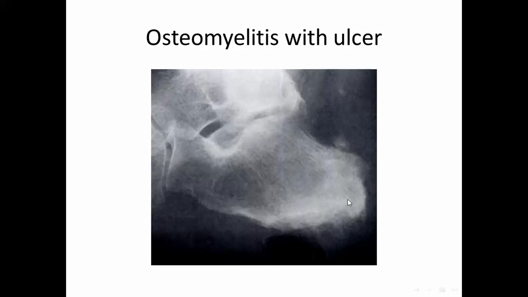Now here we find destruction and new bone formation, the sclerosis, with a skin ulcer. This is a typical appearance of an infectious process with unhealthy periosteum and callus formation. This is osteomyelitis. Again, there's another osteomyelitis.